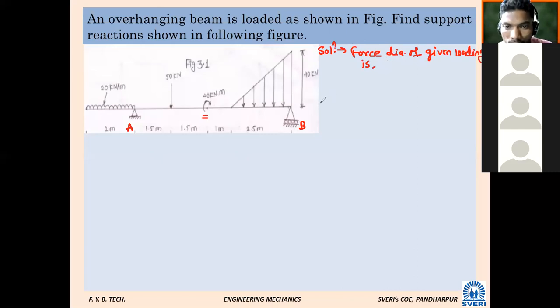If I draw it in this way, here there is a point B. At point B, how many reactions will be there? I will say RB. Only one reaction, because which type of support is it? Roller support.